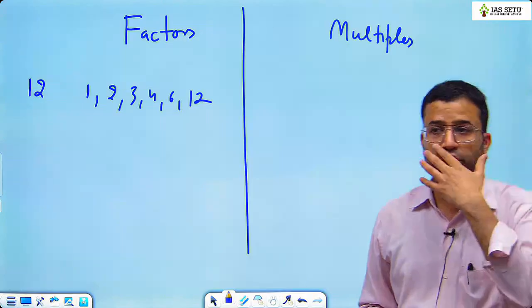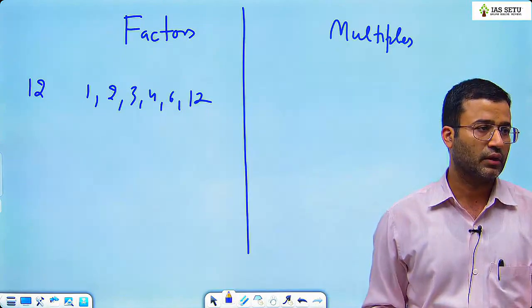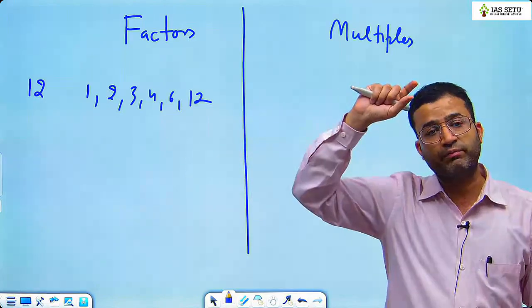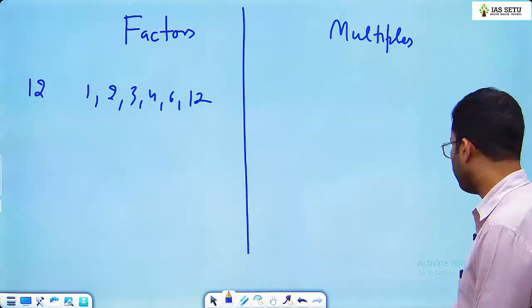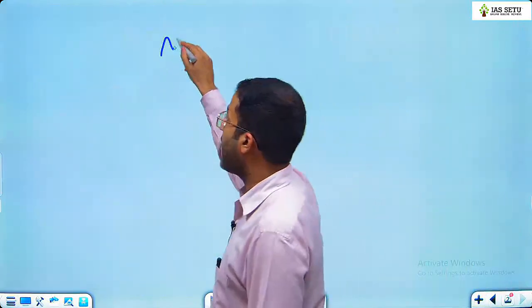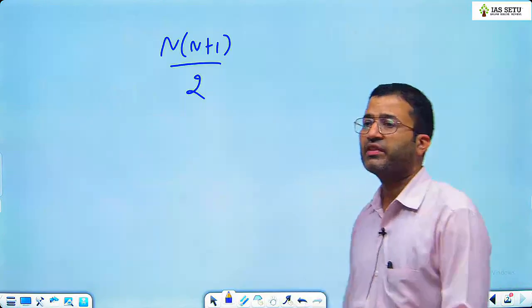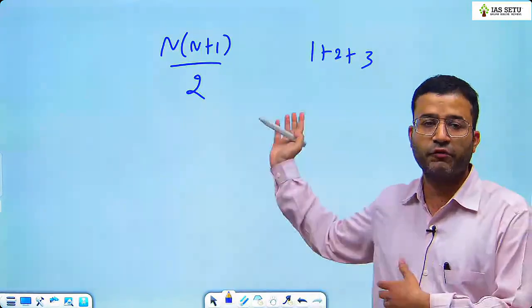I tell you, some students are too much into formulas. They will try to apply a formula here as well. We have done the sum of the first n natural numbers. And what is the formula for it? n into n plus 1 divided by 2. But if the question is 1 plus 2 plus 3, will you use the formula here?